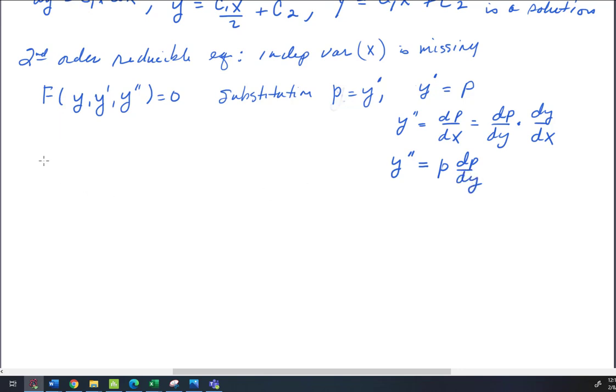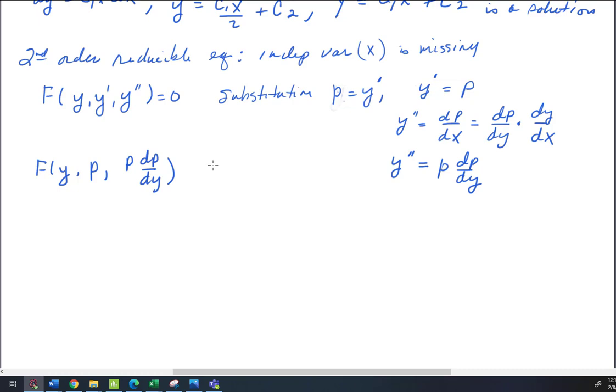So now I've got a differential equation written in y, and y prime is p, and y double prime is p dp dy.